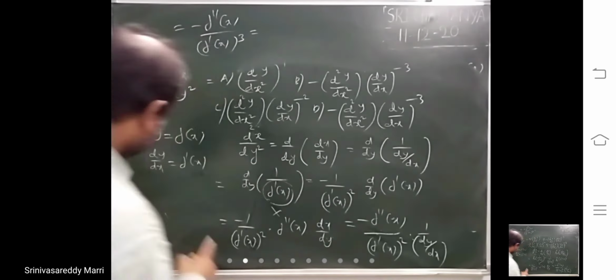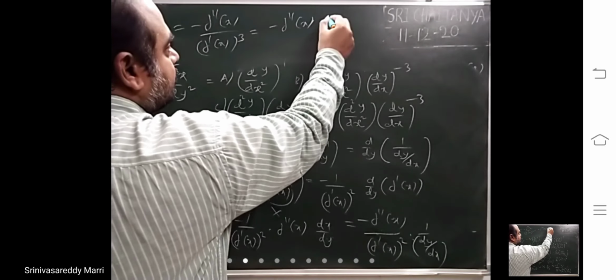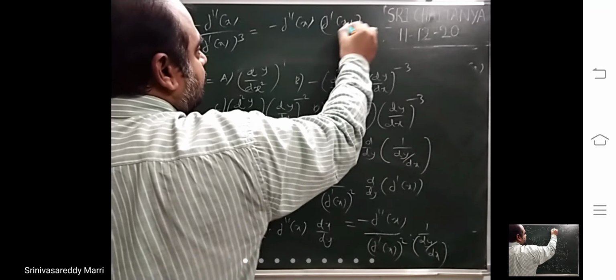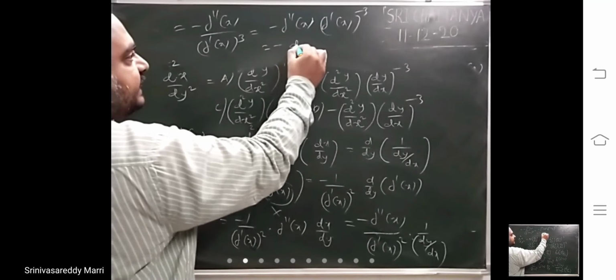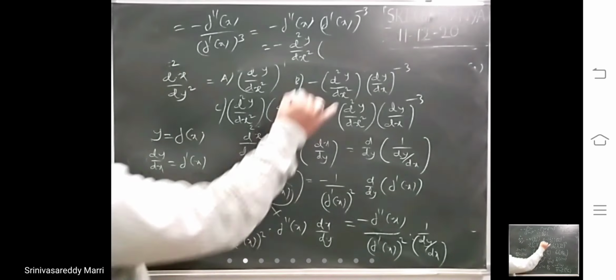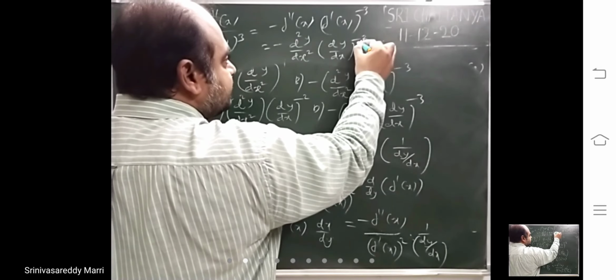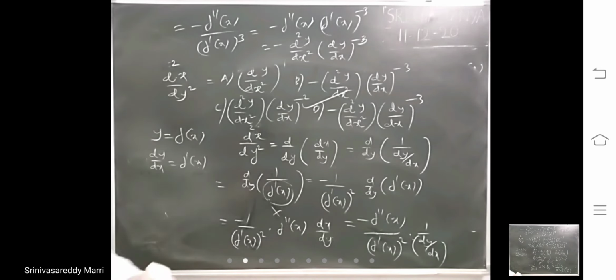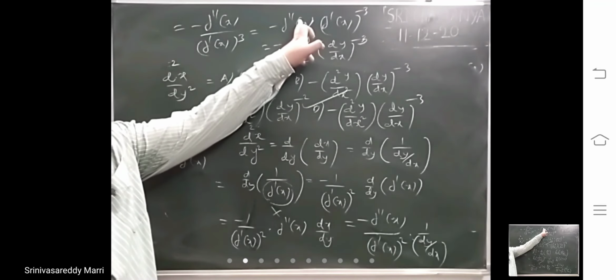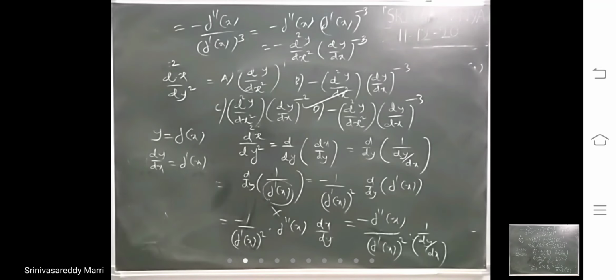That means your required answer is minus d square y by dx square into dy by dx whole power minus 3, since f double dash x means d square y by dx square and f dash x means dy by dx. This is the answer. Very important. Directly you will get this question. So that is the answer.